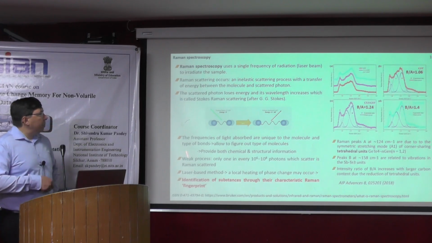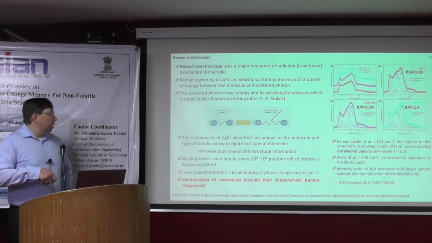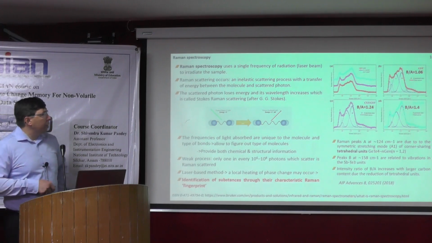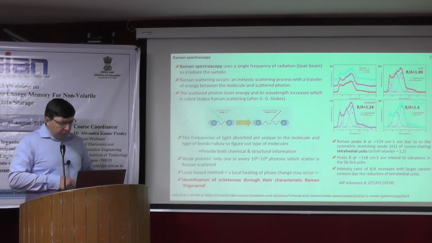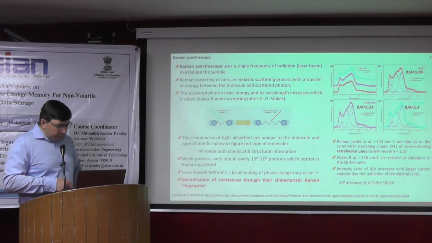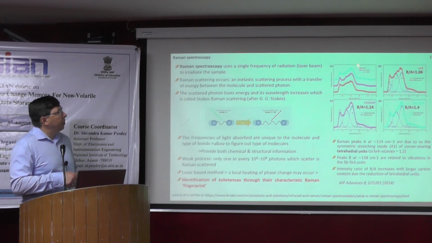In Raman scattering you identify your substances by the so-called characteristic Raman fingerprint. Here there are some examples for different compositions of GST. For example, for the amorphous phase, you see here two typical peaks. This is GST.